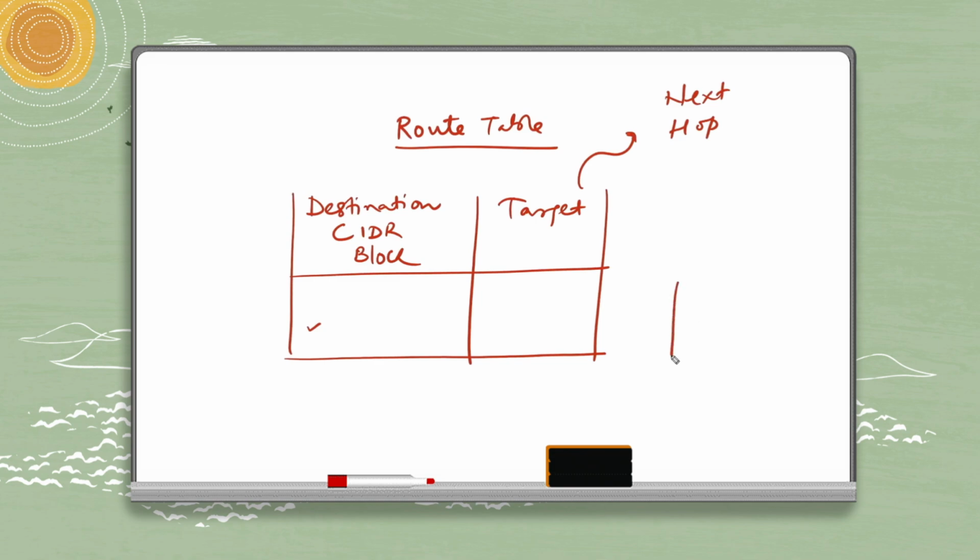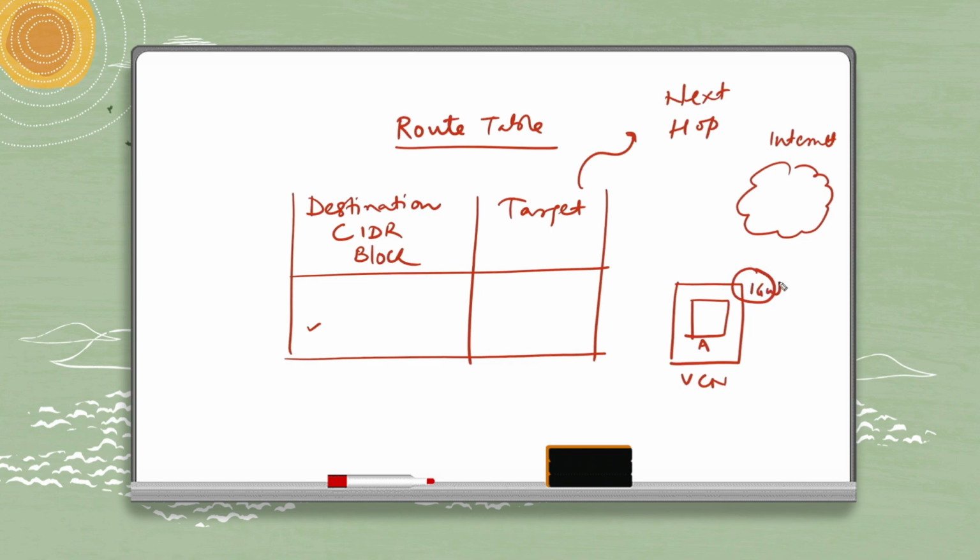A very simple example. This is a VCN. Inside that we have one subnet A. This is internet. And this is basically the internet gateway. So there is an instance over here that wants to talk to the internet.